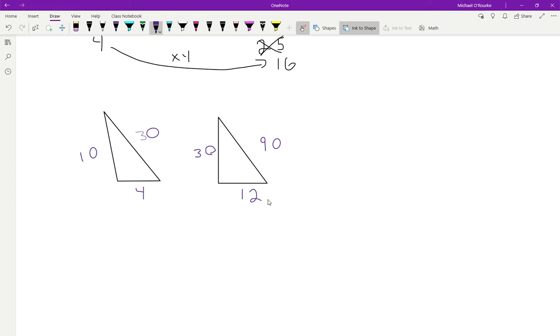Are those two triangles similar? Ignore the angles, because I can't draw. Okay. I got a couple of yeses so far.